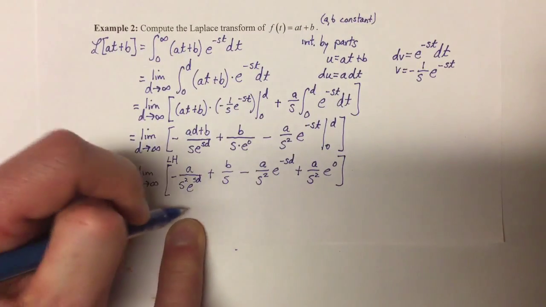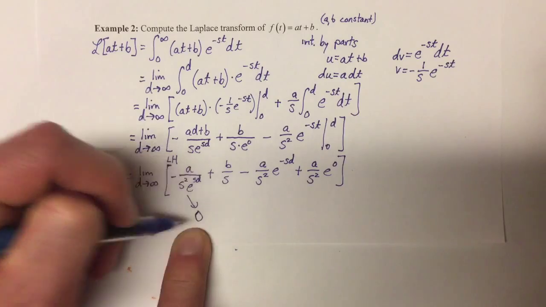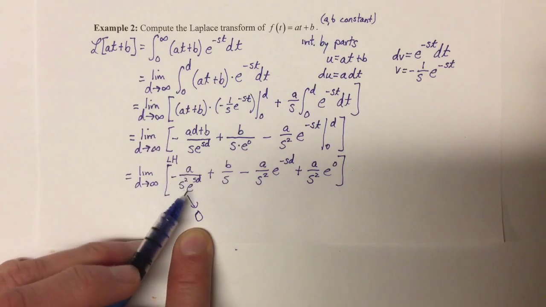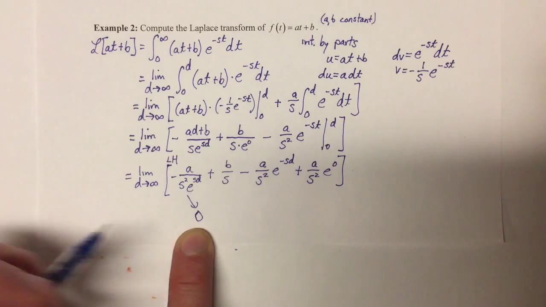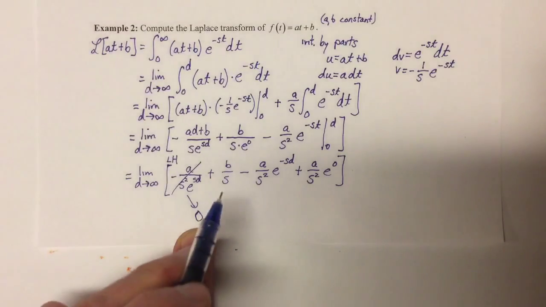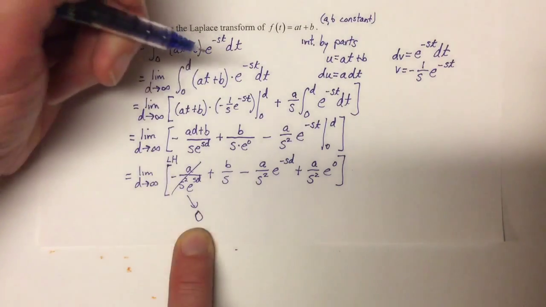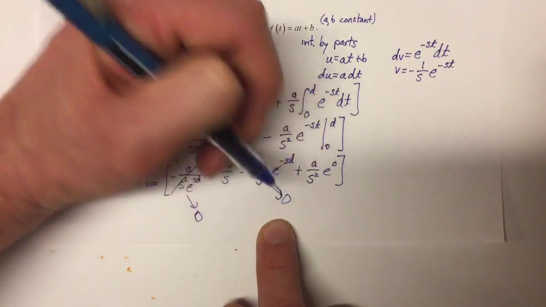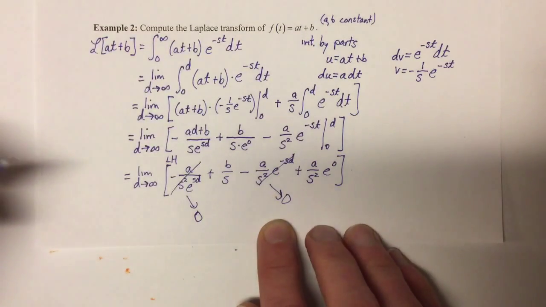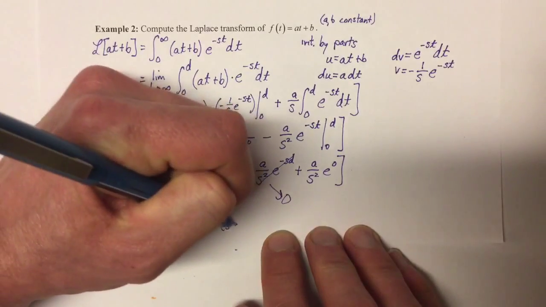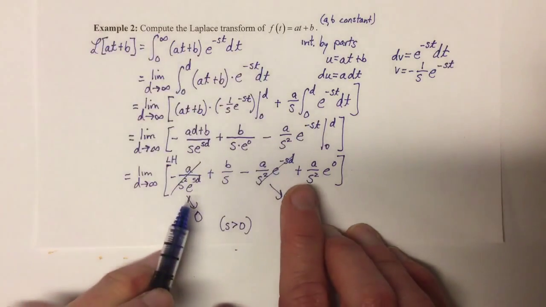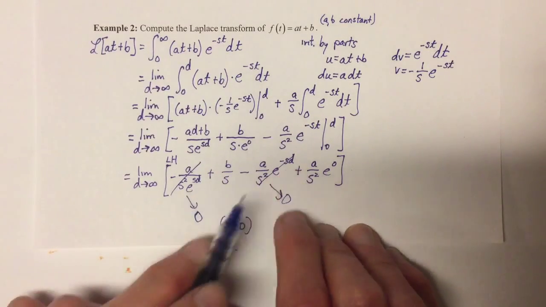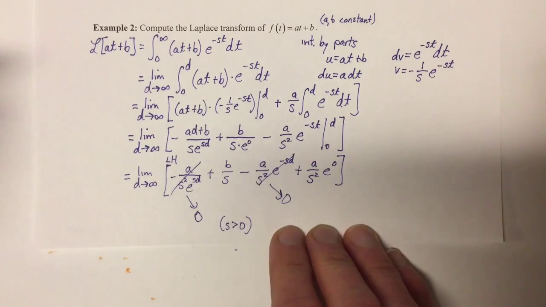Now this one, as d goes to infinity, that's going to go to 0. We no longer have any d's on the top. Denominator is going to infinity, so this piece is going to go away. That'll stay there. E to the negative sd is going to go to 0, as long as s is greater than 0, so this is going to infinity and that's going to 0.